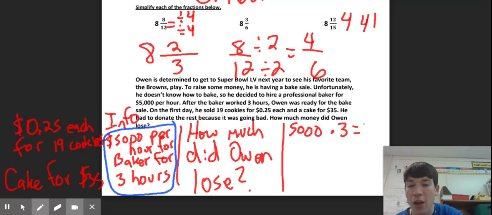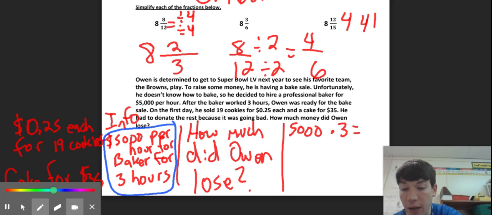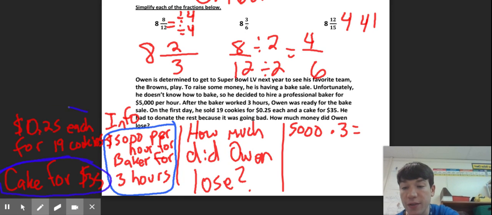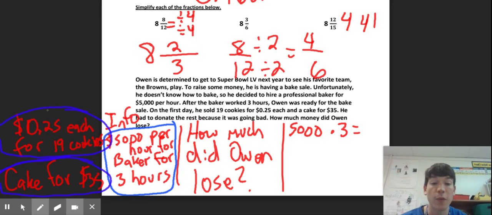Now, from this point, I need to know what did he make? Well, he first made the money for the cake, which was $35. And then we know he sold 19 cookies for 25 cents each.